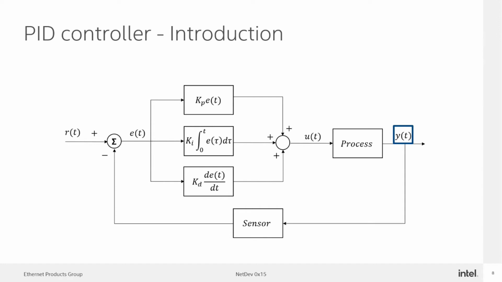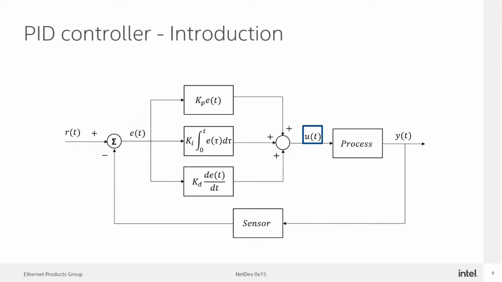There is also the error level, E of t, that is calculated using the previously explained feedback loop. It represents the difference between the value that the system is aiming for and the current value. It's easy to calculate in this example, as we only have to subtract 21 from 26, which equals 5.